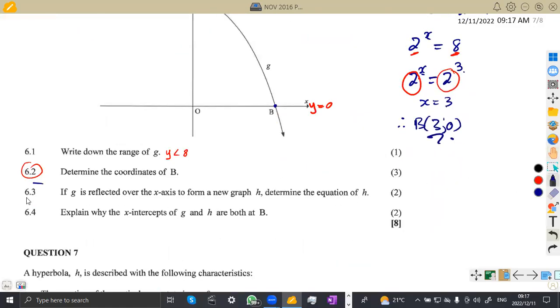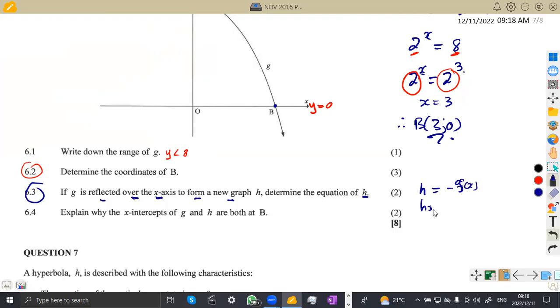Then on 6.3, if g is reflected over the x-axis to form a new graph, we are asked to determine the equation of h. Remember, guys, I talked about this: a reflection in the x-axis means you simply multiply g(x) by a negative.